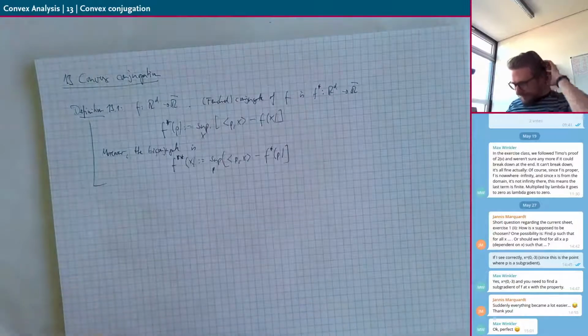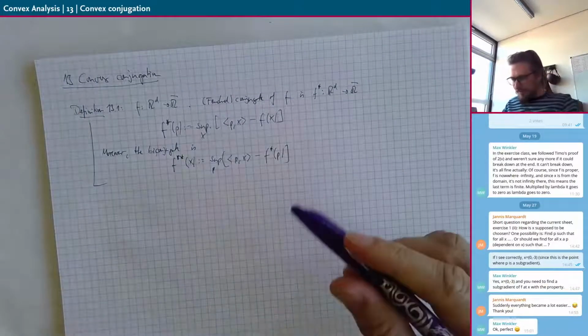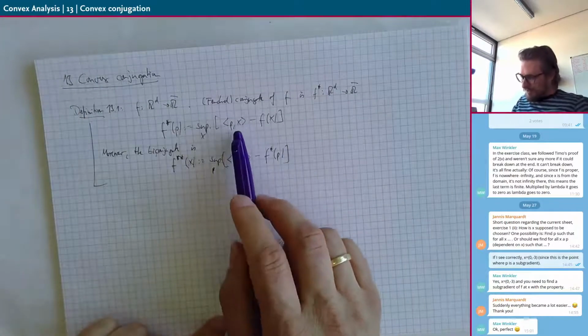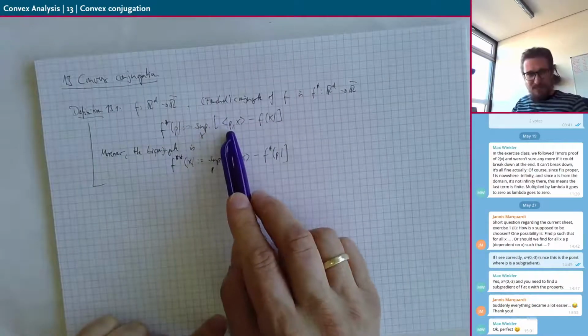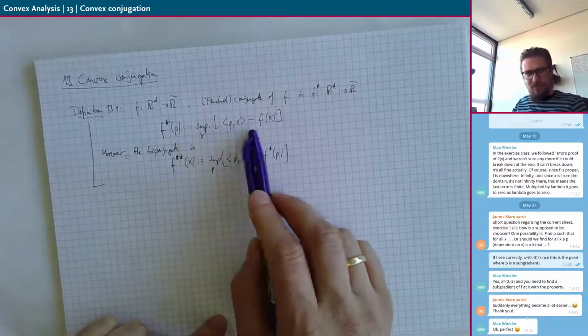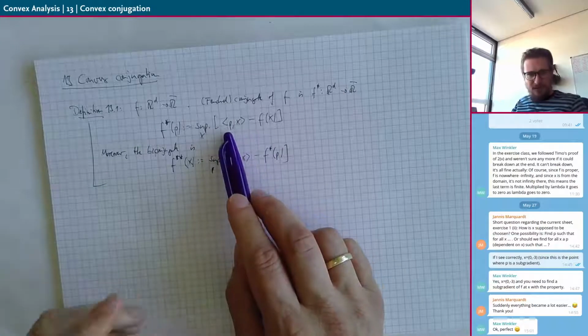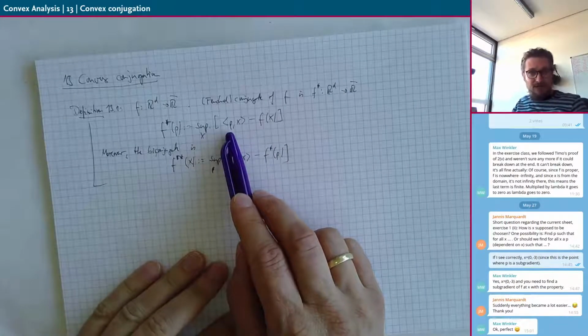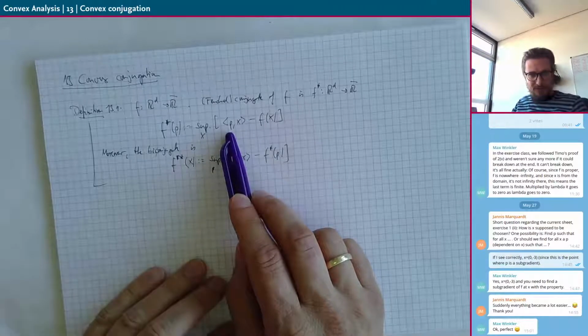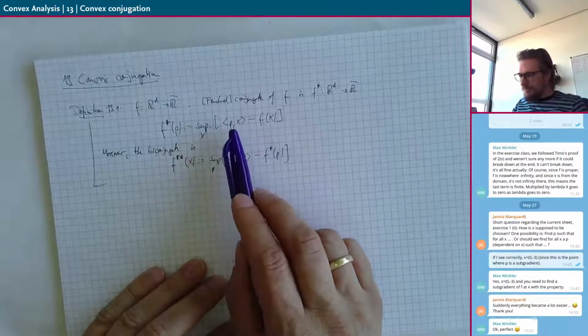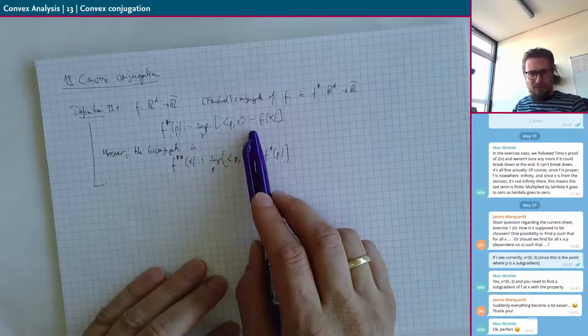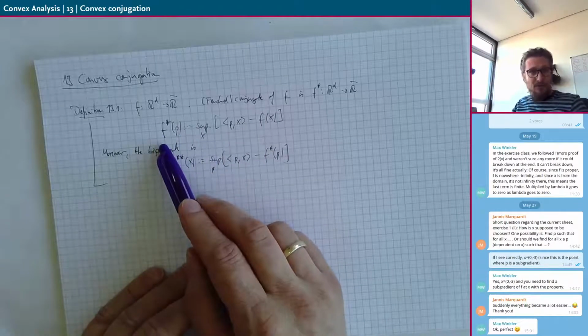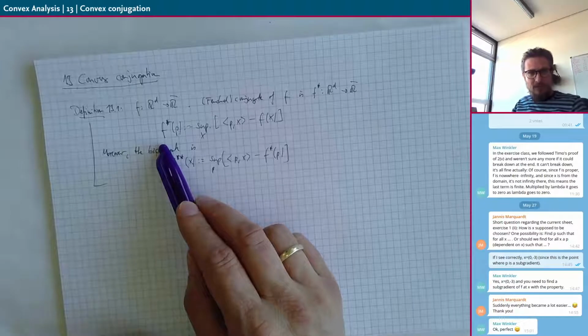Okay, so first a few quick observations. The function inside the supremum, as a function of p, is affine, and affine functions are convex and lower semi-continuous. And this is a supremum over a bunch of convex and lower semi-continuous functions. So f star is convex and lower semi-continuous.